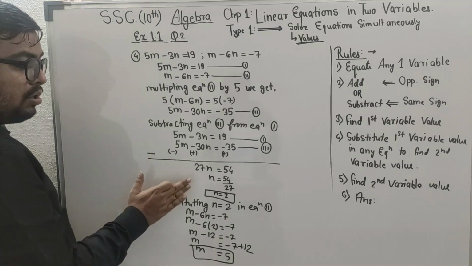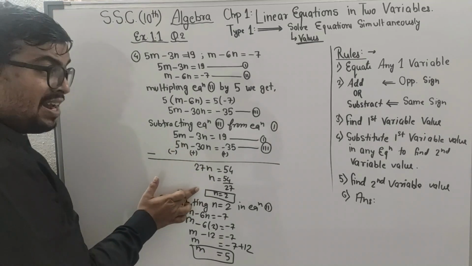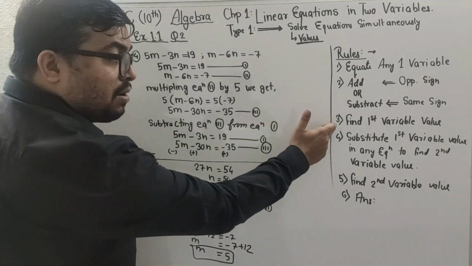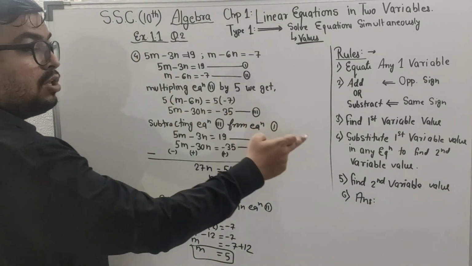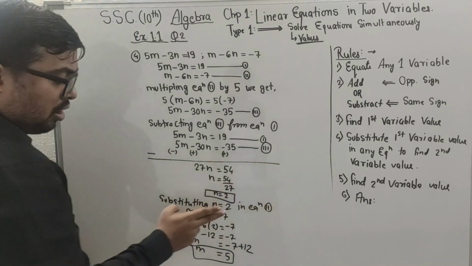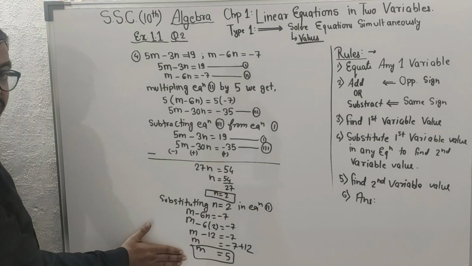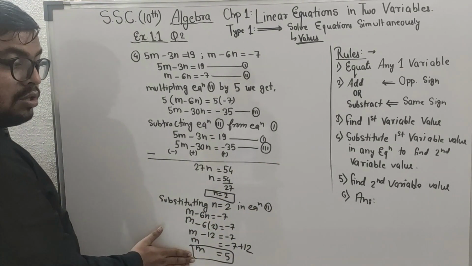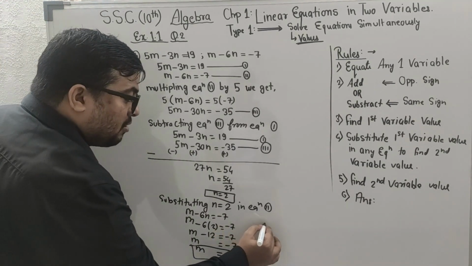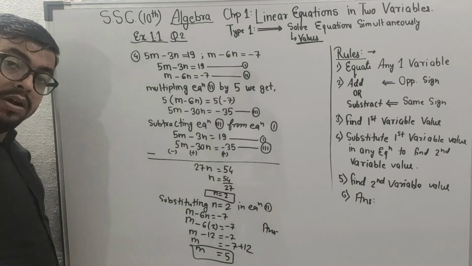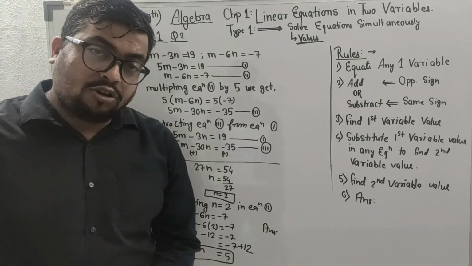Subtracting, I got value of n. That is step number 3. Substitute in this equation number 2. That is step number 4, and got the value of second variable, that is m value. This is step number 5, and step number 6. You have to write answer. Okay? So you can copy that.